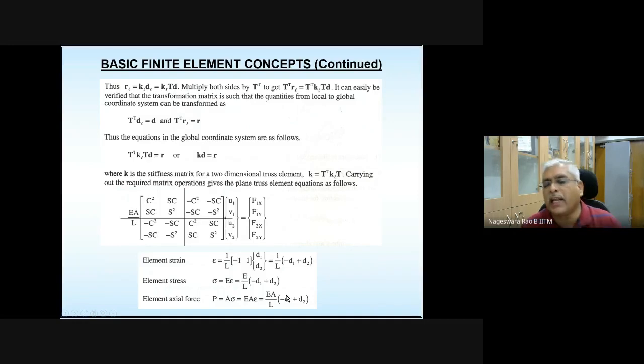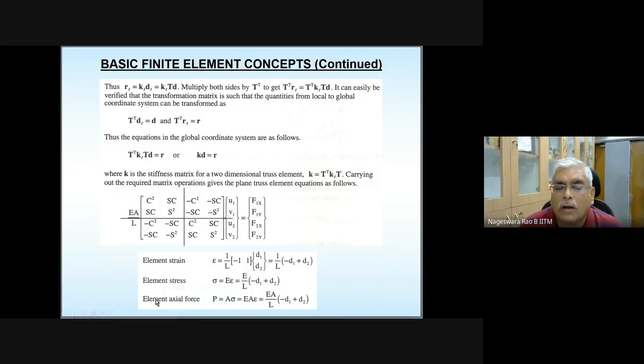This entire exercise of determining strain, stress, and axial force is done after getting the global displacements. After getting global displacements, you get the local displacements, and using local displacements you do all this.